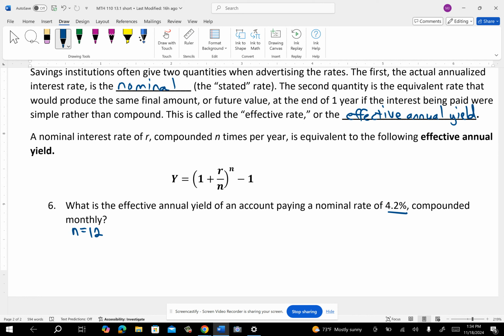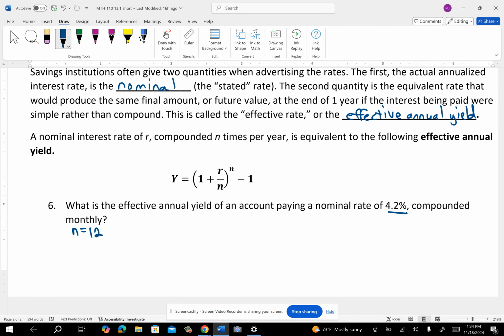So the next time they calculate interest, they'll calculate it on that amount of interest that you earned previously. Your money grows faster with compound interest compared with just simple interest.